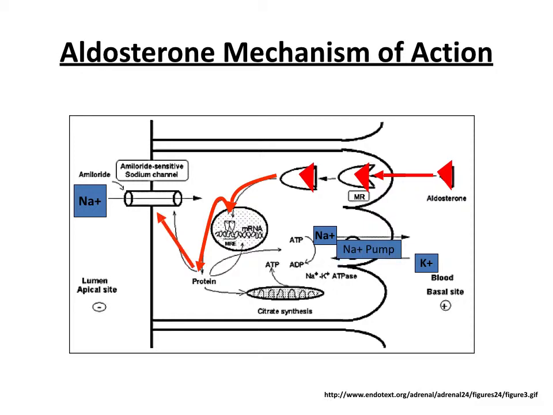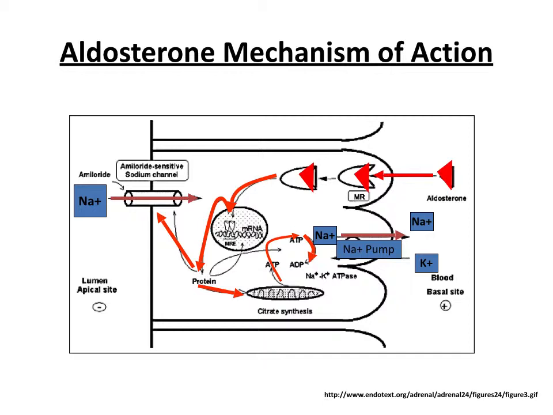Among other things, you get stimulation of these sodium channels, with insertion of more of them on the lumen side. We're talking the distal tubule and collecting ducts here. They're activated, so you get sodium reabsorption, and also activation of the sodium-potassium pump over here.